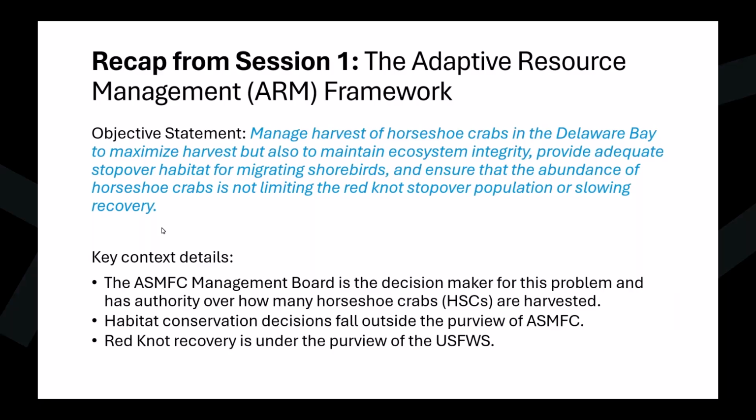For the horseshoe crab ARM framework, it's this statement here: managing harvest of horseshoe crabs in Delaware Bay to maximize that harvest, but also maintain ecosystem integrity. One thing that means is providing adequate stopover habitat for migrating shorebirds and assuring that the abundance of horseshoe crabs is not limiting red knot stopover population size or recovery.